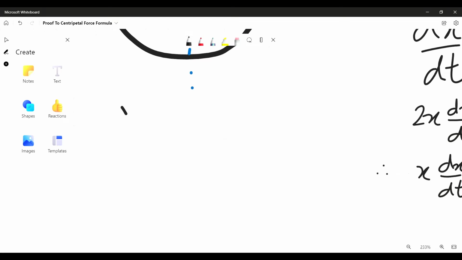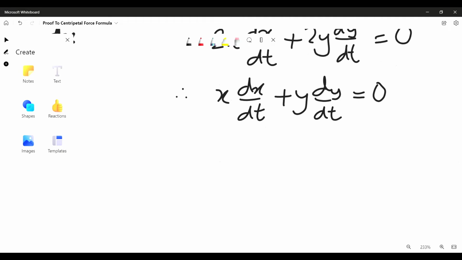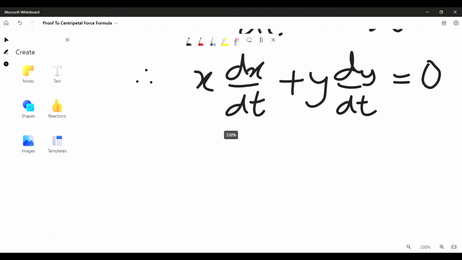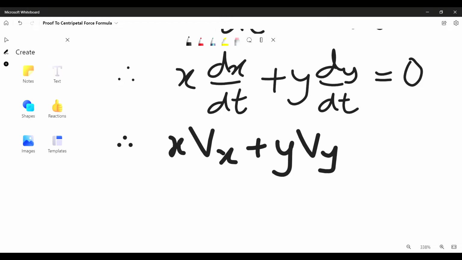The velocity is a vector. So we can have Vx, which is equal to dx over dt, and Vy, which is equal to dy over dt. For notation purposes, now we get the equation x Vx plus y Vy equal to 0.